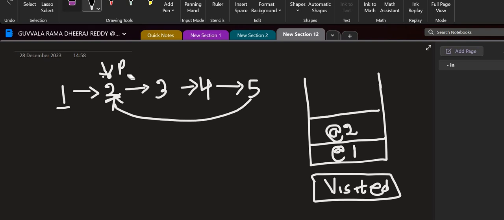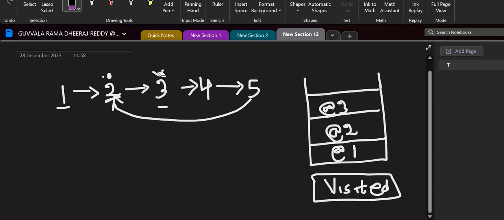Next, it will come to 3 and check whether the address of 3 is present in the hash set or not. It is not, so we can insert it into the hash set, and node 3 is not visited. Next, 4.